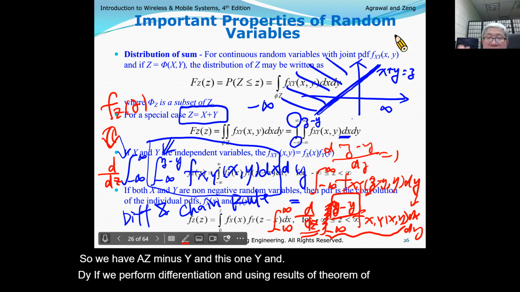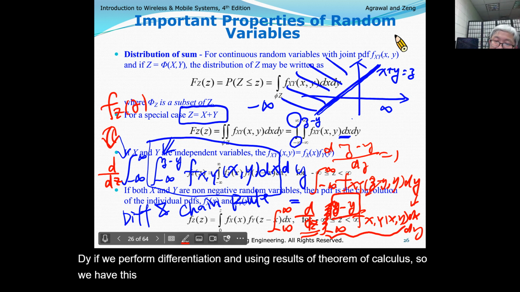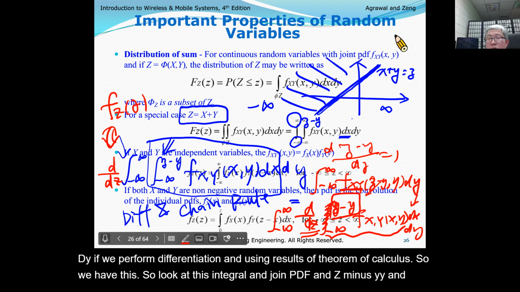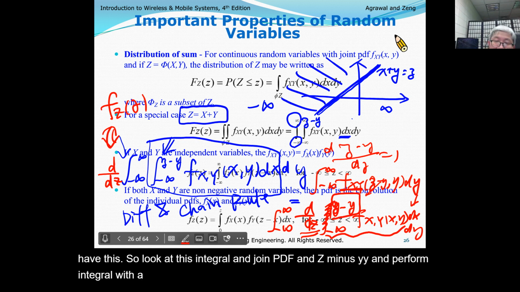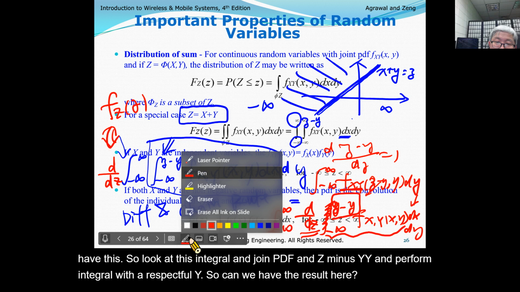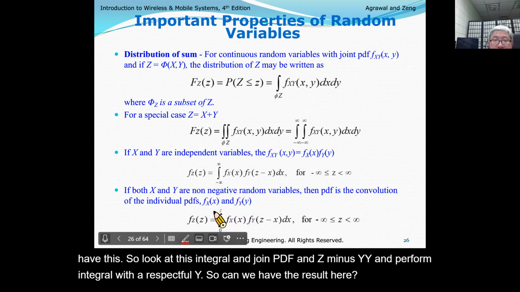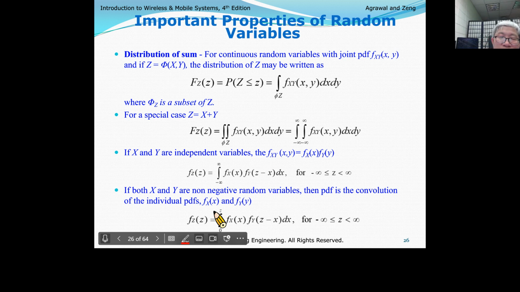If we perform differentiation and use the results of the fundamental theorem of calculus, we have this. Look at this integral, the joint PDF at z minus y and y, and perform the integral with respect to y. Before, with independence, it should be this one.